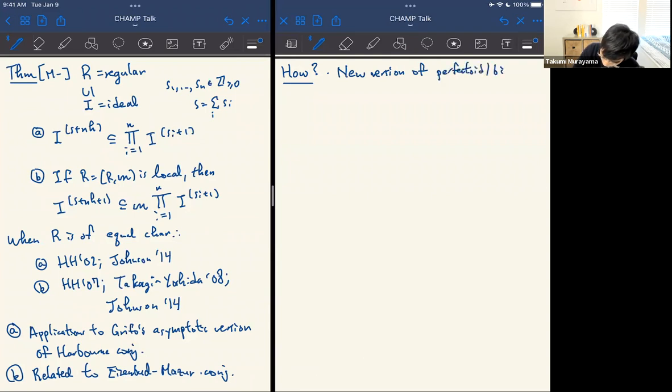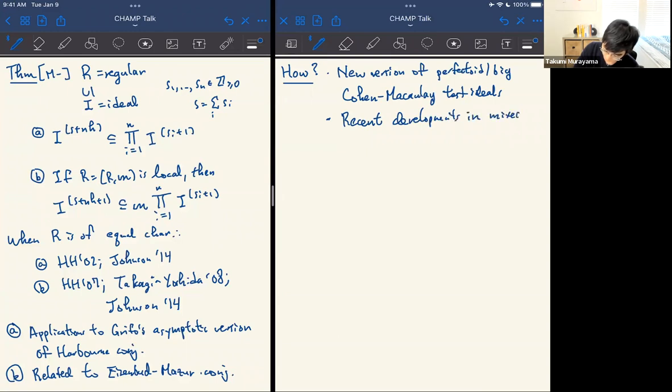And if you don't know what those are, I'll talk about them later. And second, the way that I prove properties of these test ideals really uses recent developments in mixed characteristic commutative algebra and algebraic geometry.